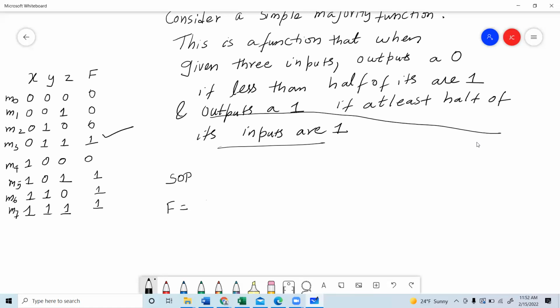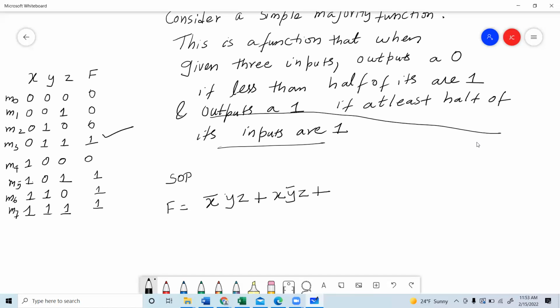So that is going to be X bar, Y, Z, because X is 0 and Y is 1 and Z is 1, it produces an output of 1. And here, when X is 1, Y is 0, and Z is 1, the output is 1, right?